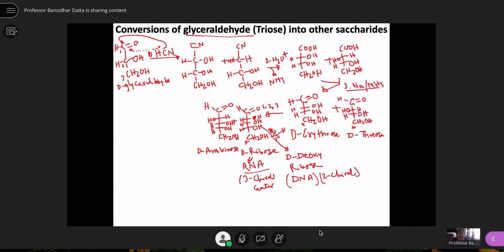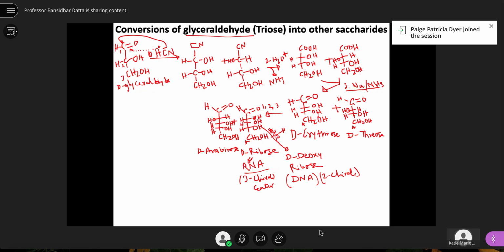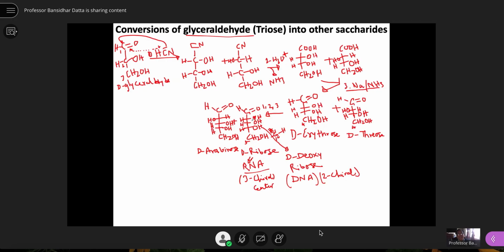If the oxygen is gone, then what do you have at carbon number 2? Two hydrogens. Remember the definition of a chiral center: 4 different groups or atoms. Now you have two hydrogens, so therefore this C2 is not a chiral center anymore. Okay, thank you.